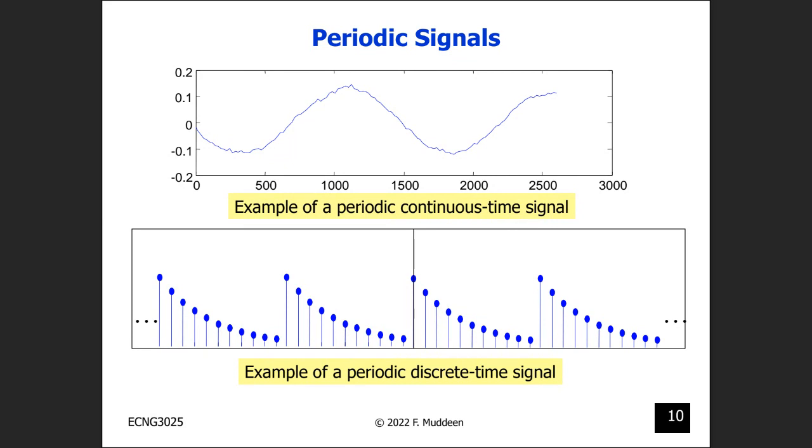In the case of a discrete time signal like the one below, one of the things you have to distinguish is between the values and the envelope.